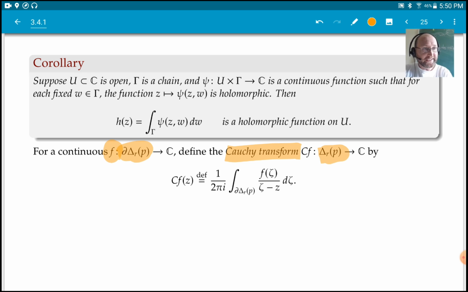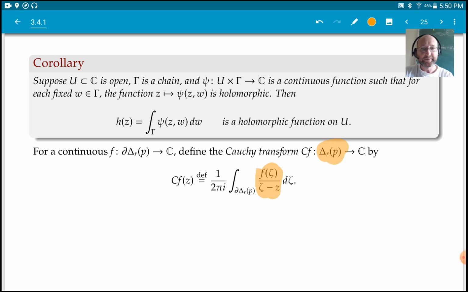And the way it does this is, well, what is Cf at Z? Well, we just write down this formula. And so basically, in terms of this corollary, the integrand is a continuous function on this disk, that's where Z lives.